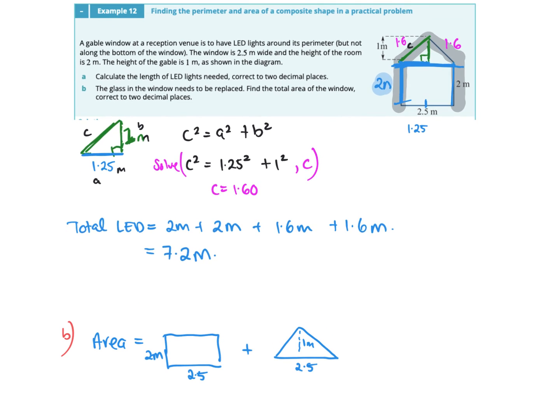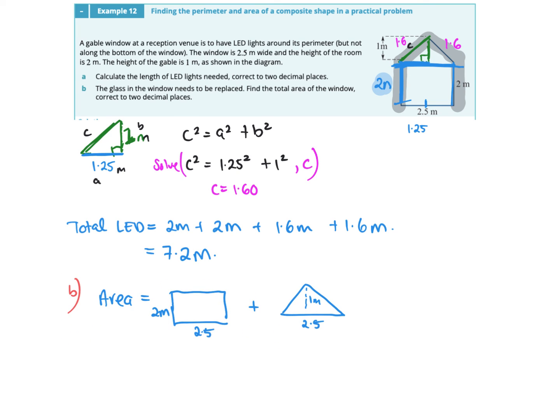So what you're going to do, so I'm moving it up. What you're going to do is you're going to write the formulas under that. So the area for a rectangle, you do length times width. And the area of a triangle can be half base times height. And then we'll just sub in the numbers. So we've got 2 times 2.5 plus a half times 2.5 times 1.